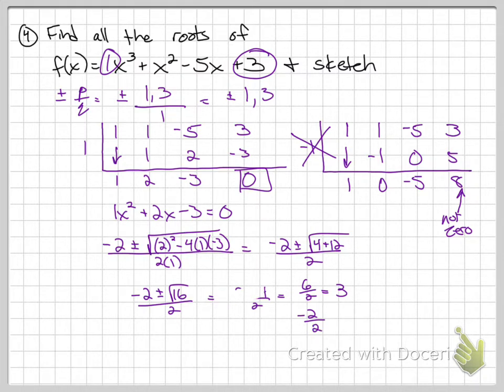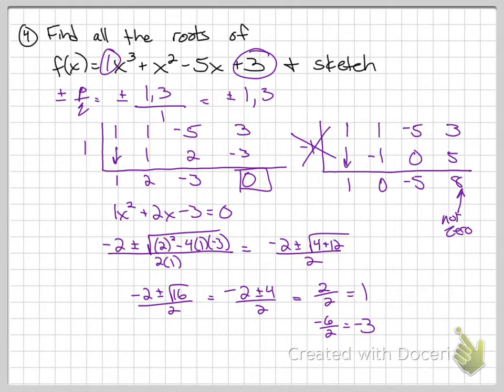Wait a second, let's go back. I lost my negative sign. Negative 2 plus or minus 4 over 2. Negative 2 plus 4 is 2, divided by 2 is going to give me 1. Negative 2 minus 4 is negative 6 over 2 is going to give me negative 3.